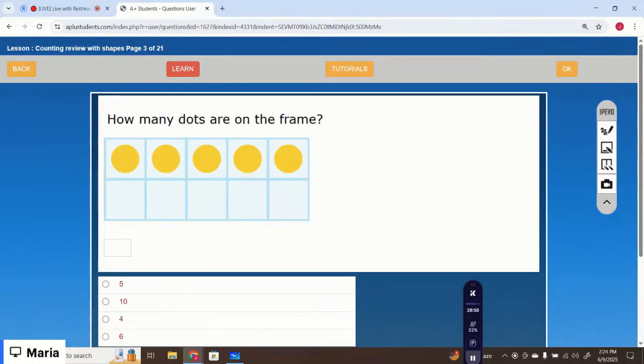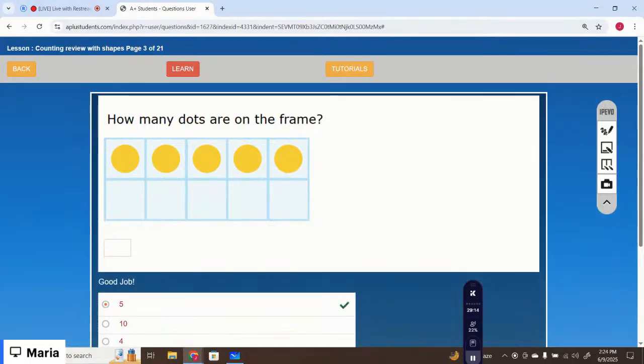How many dots are on the plane? There are five dots. That is the correct option.